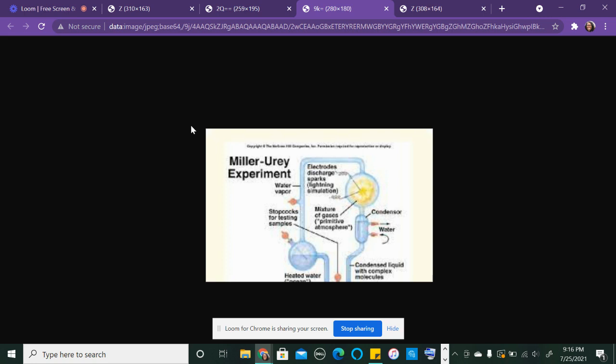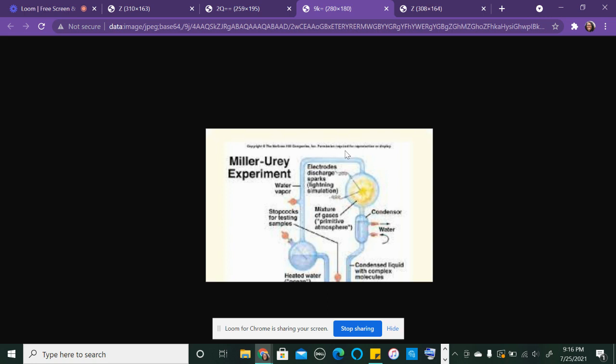It wasn't until Miller-Urey actually challenged this and created a closed system where they recreated the ocean and atmosphere of the early Earth to create what we know now as proteins.